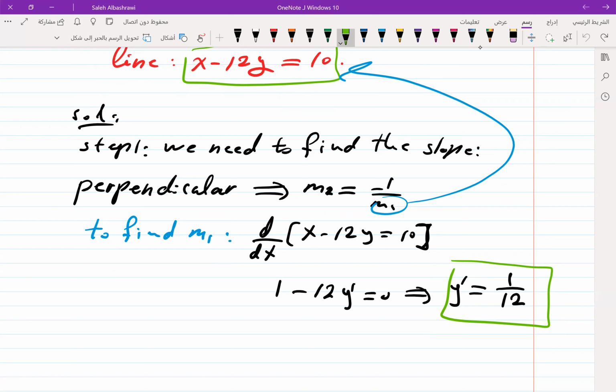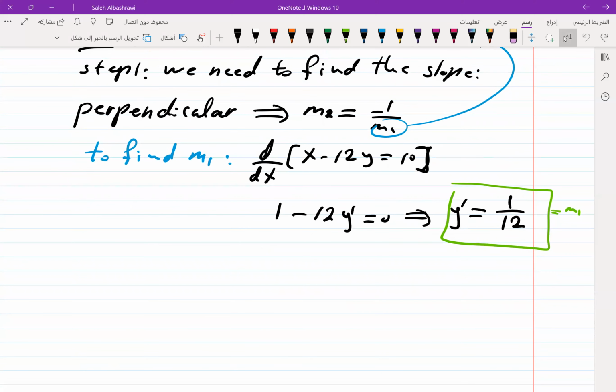This is m1. So m2 will be minus 1 over m1, which is minus 12.